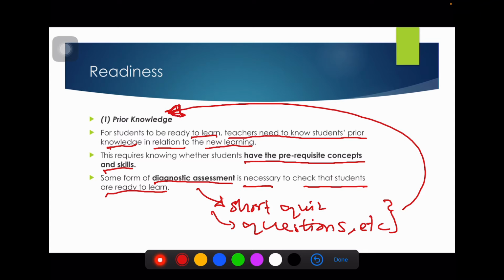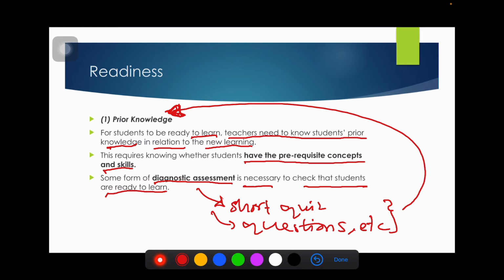So if the students can answer the questions, that means they have the prior knowledge. If the students cannot answer the questions, that means they don't have the prior knowledge. What should you do if the students do not have the prior knowledge? So instead of beginning the new lesson, you should teach them or help them build that prior knowledge first.